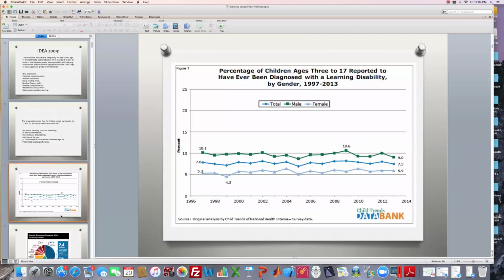Based on the Child Trends Data Bank, this was done in 2014 for retrospective data, the total of all types of learning disabilities prevalence in the United States, again, most of this research is focused on the US, is approximately 8%. Overall, males show quite a bit greater prevalence than females, almost a 2-to-1 ratio, and the male rate is about 10%.